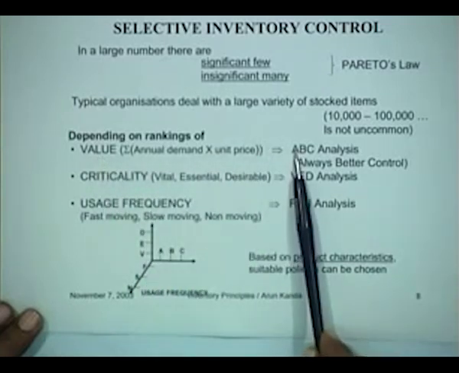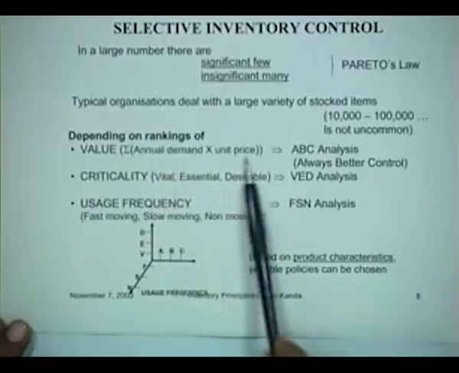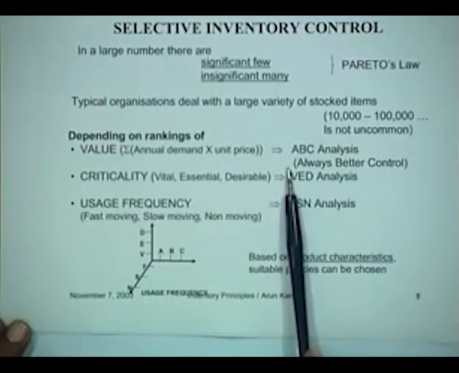For instance, a few A class items would generally be responsible for something like 60 to 70% of the total sales revenue of the company, then B class would be slightly lower, and C class, the bulk of the items, would be responsible for only small contributions to the inventory value. This is known as ABC analysis.